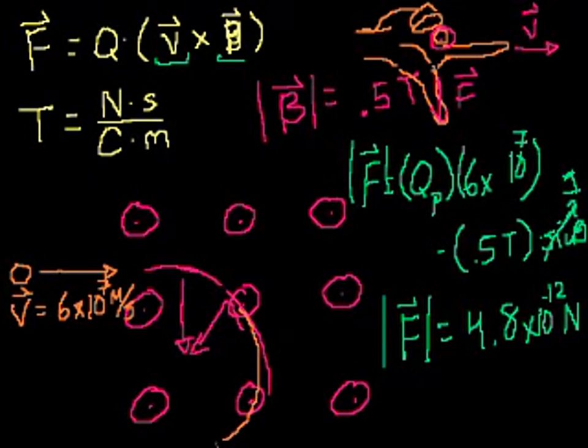As long as it's in the magnetic field, the force applied to the particle by the magnetic field is perpendicular to the velocity of the particle, so it's like a centripetal force. So the particle is going to go in a circle. And in the next video, we'll figure out the radius of that circle.